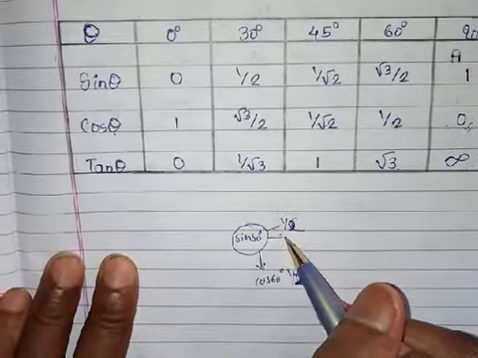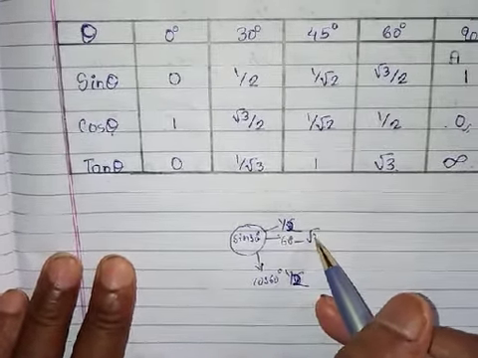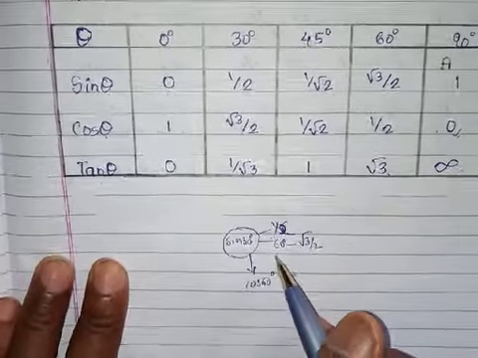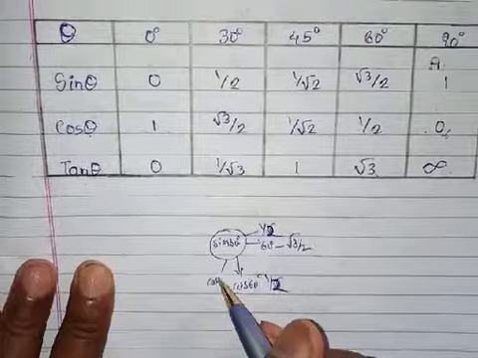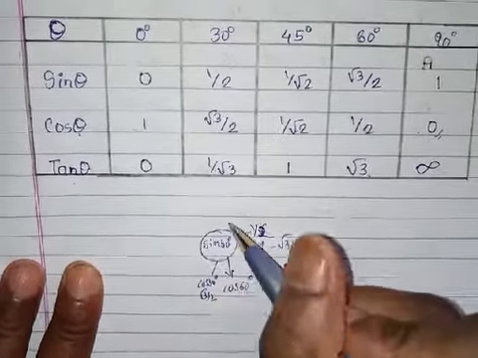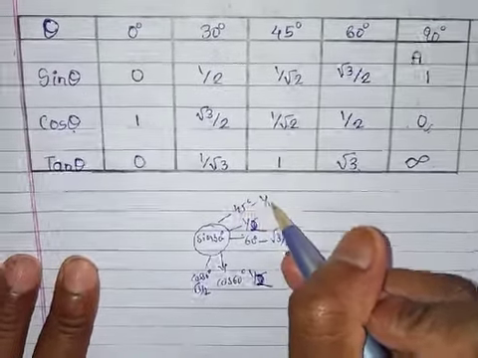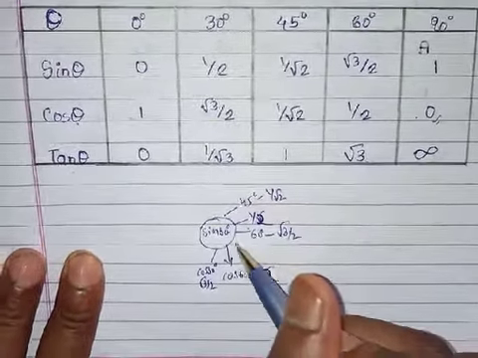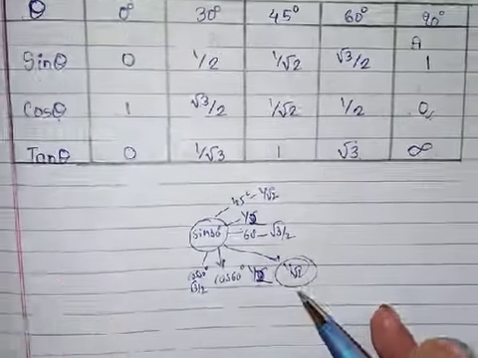Sine 60 degree is root 3 by 2. Since sine 60 is root 3 by 2, cos 30 will also be root 3 by 2. And at 45 degree, both sine and cos will be the same, 1 by root 2. This also you can remember very easily.